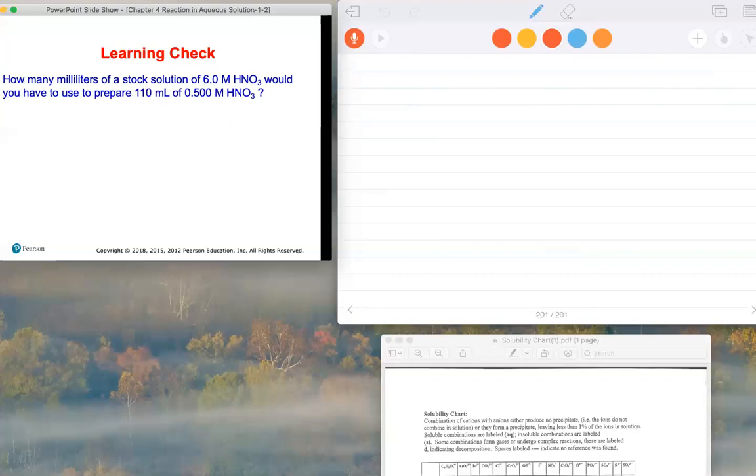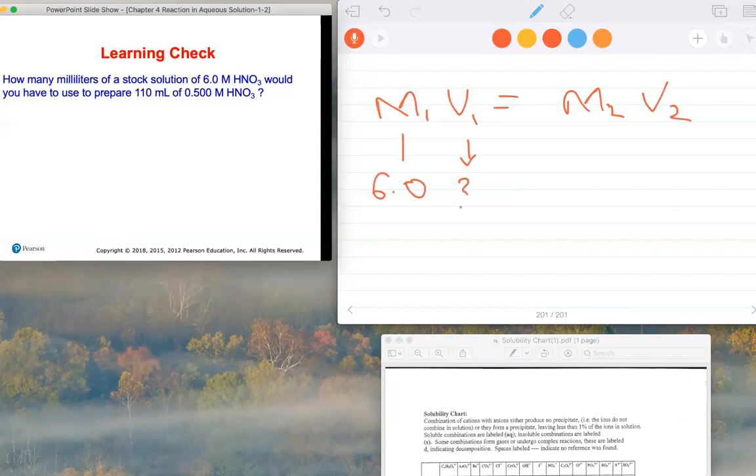This is M1 V1 equals M2 V2. It's easy. M1 is 6.0. V1 is what I'm looking for.